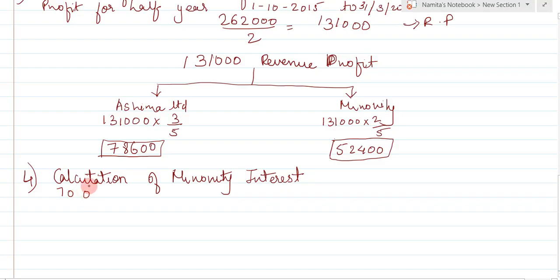70,000 shares in Sony Limited, 10 rupees each. That means 70,000 multiplied by 10, we get 7 lakh.